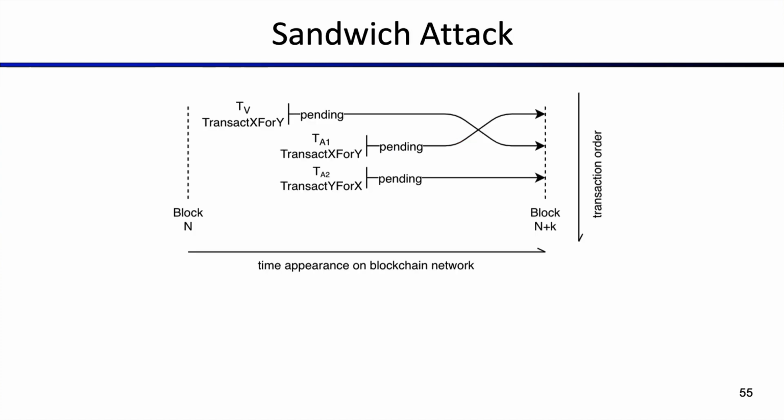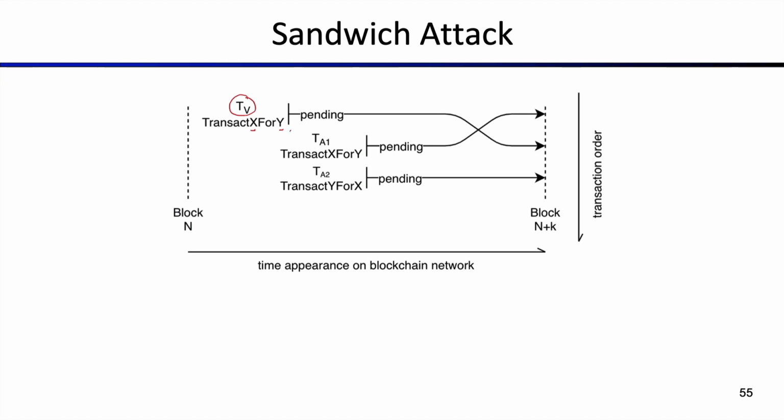A sandwich attack is then literally a sandwich, whereby you have a victim transaction. The victim transaction is exchanging an asset X for an asset Y. And we have here on the x-axis the time of appearance on the blockchain network.